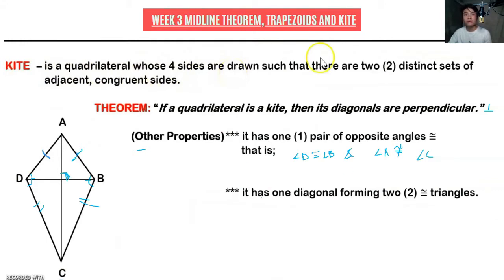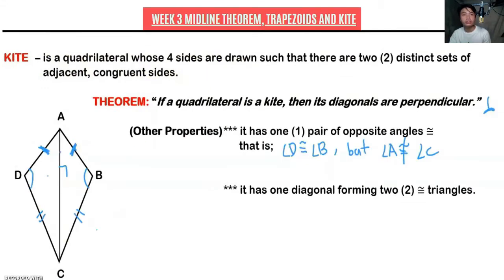Next, it has one diagonal forming two triangle. So, pag inalis natin yung isang diagonal, pag inalis natin yung diagonal AC, makakabuo ba tayo ng dalawang triangle or dalawang congruent triangle? Siyempre, hindi. Kasi mas malaki yung triangle DBC.